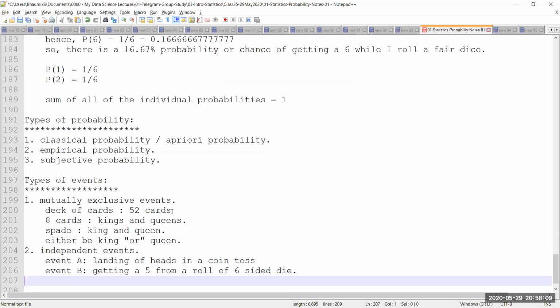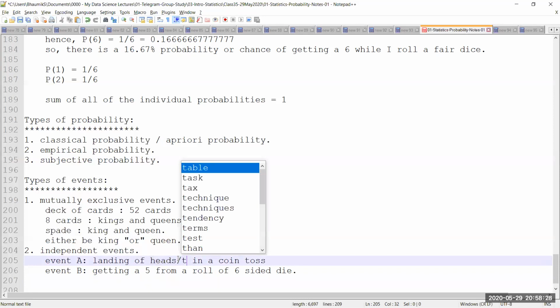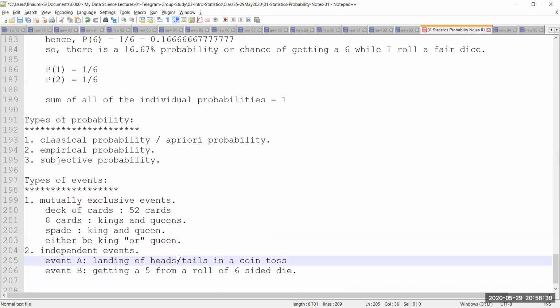One more crucial thing before we progress related to independent events. Independent events are not affected by their own or others' previous outcomes. For example, I am trying to find a head. After some point in time, let's say I'm totally frustrated, I'm not getting any heads. So I'm now trying to find the probability of tails. The previous experiment to find event A was to toss a coin to get a head.